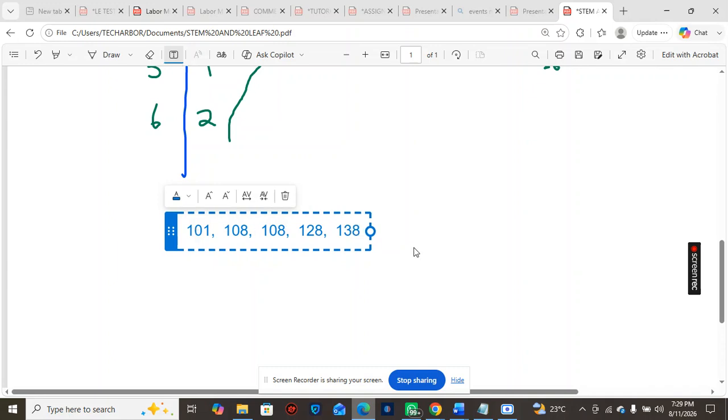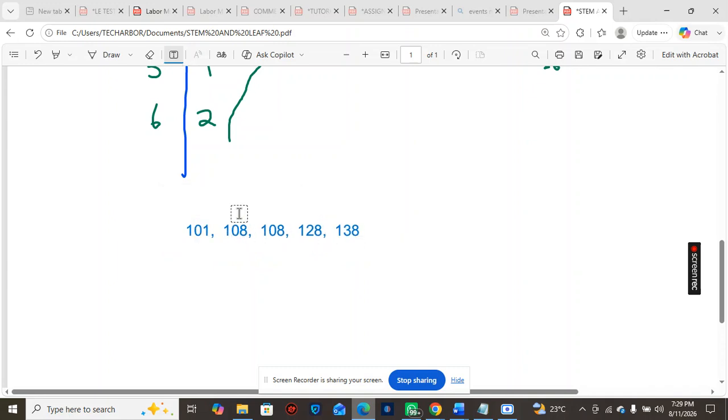Let's say, for example, you have these numbers here and you want to show them on a stem and leaf. Here you put the stem, here the leaf. On the leaf, you're always going to have just one number. So here, these first two numbers go on the stem part.